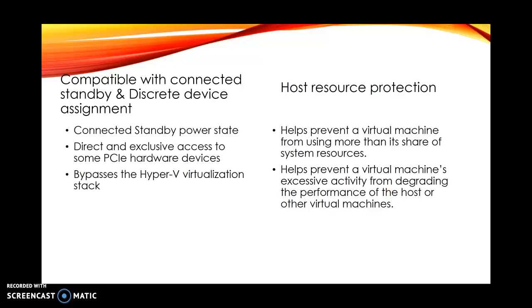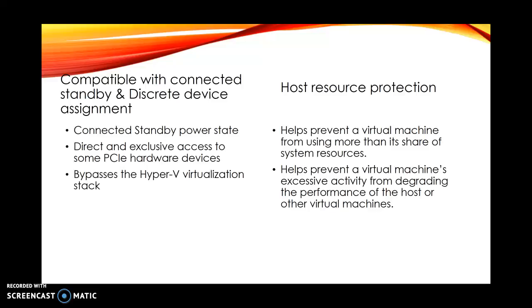The Host Resource Protection feature helps prevent a virtual machine from using more than its share of system resources by looking for excessive levels of activity. This can help prevent a virtual machine's excessive activity from degrading the performance of the host or other virtual machines.